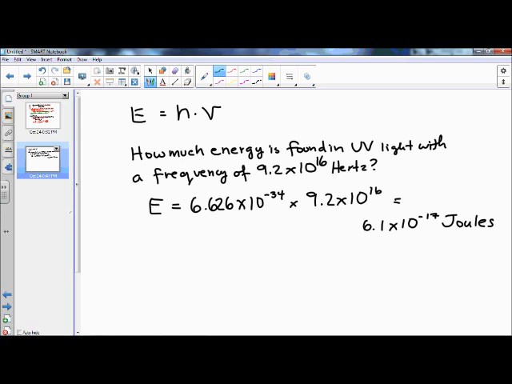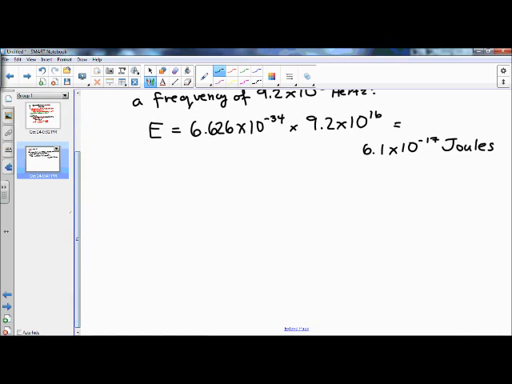Now, that's all well and interesting, but what does that really have to do with the structure of the atom? Well, Planck had an idea.